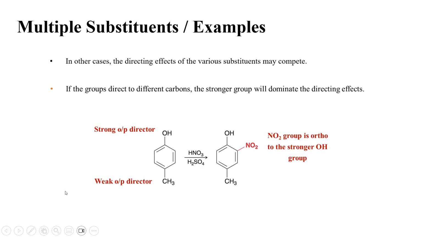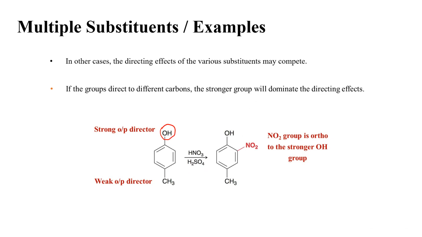All right, what if you have a situation where in some cases the directing effects of the substituents on the ring are going to compete with each other? So if you look at this example, I'm trying to do a nitration of this compound. And right now I need to ask myself, what are the directing effects of the substituents here?